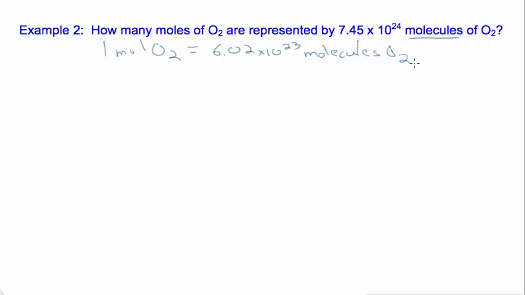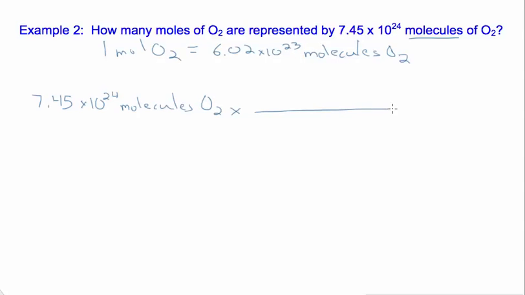So now we're just going to do dimensional analysis using the conversion factor we just wrote. We start by writing down what we know. 7.45 times 10 to the 24th molecules of O2.